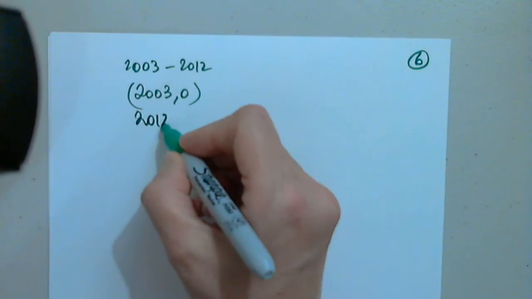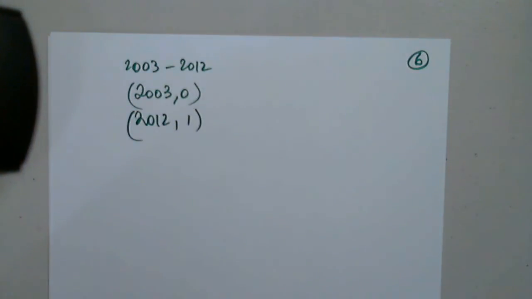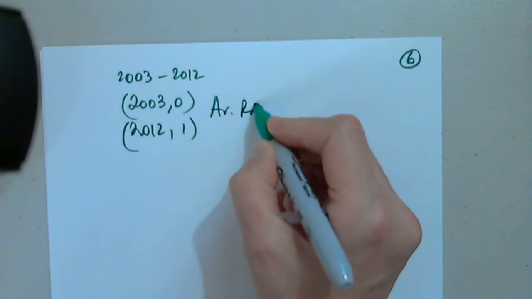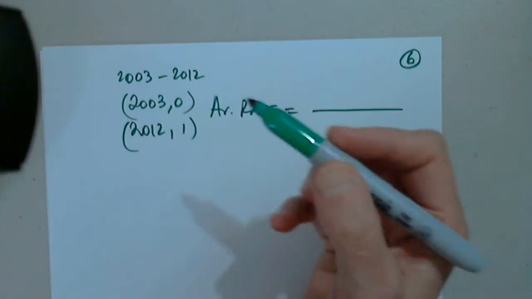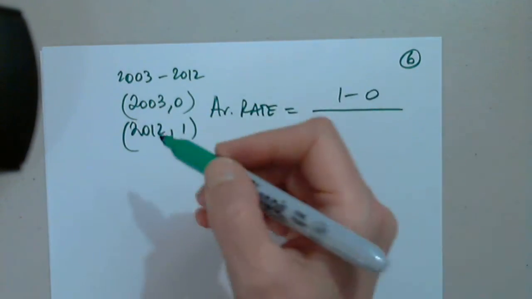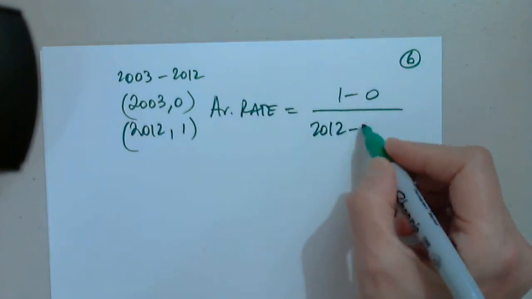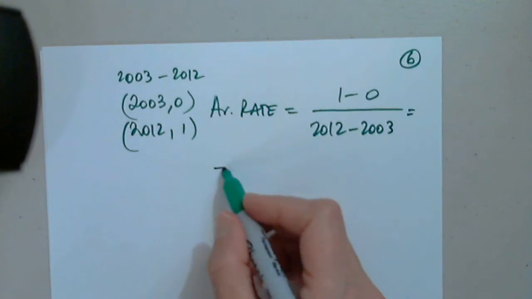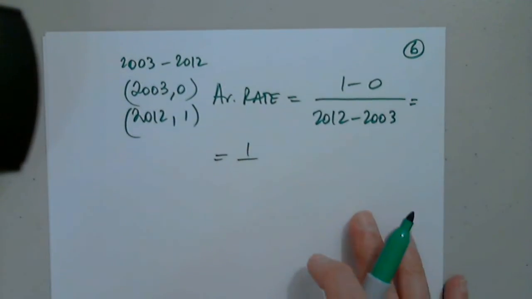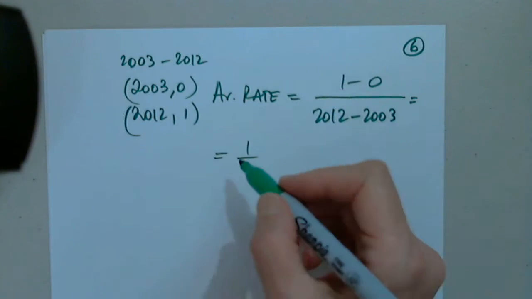So 2012, comma 1. Okay. So the average rate of change will be y2 minus y1 over x2 minus x1. So the top is 1, and the denominator is 12 minus 3, which is 9.